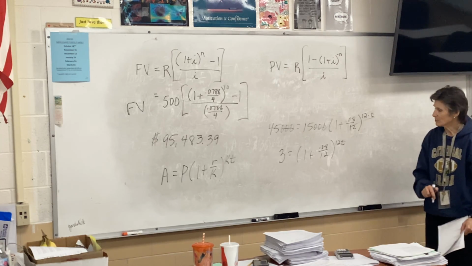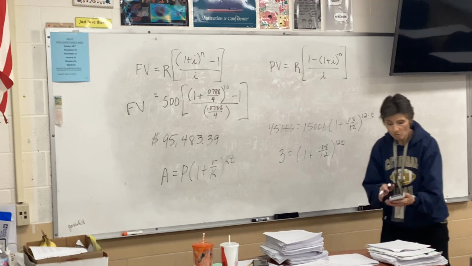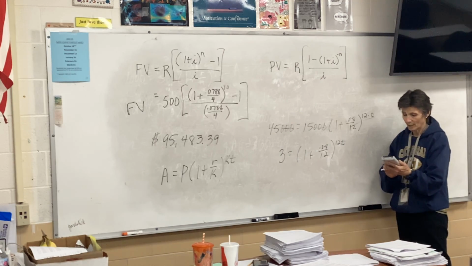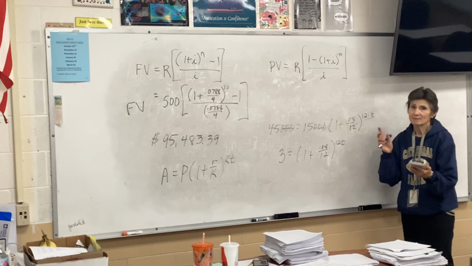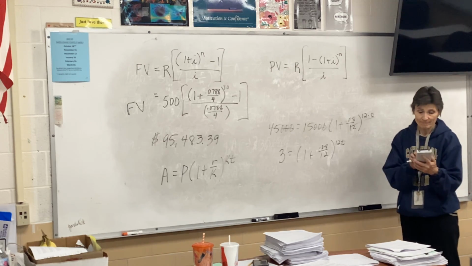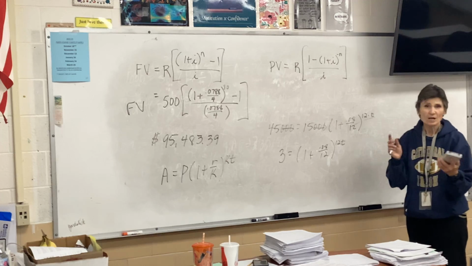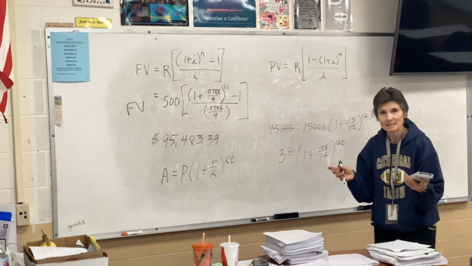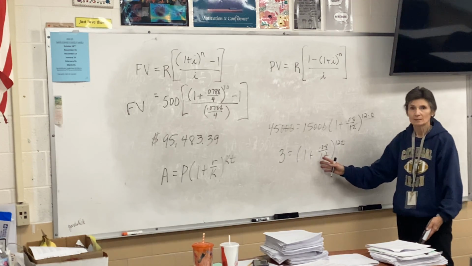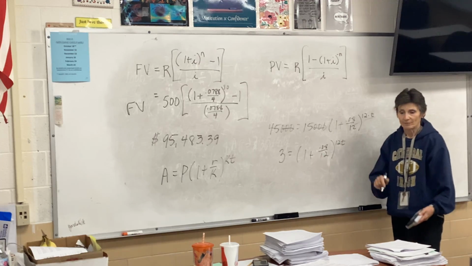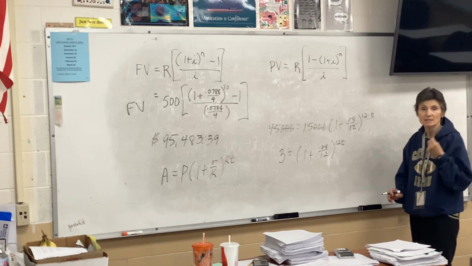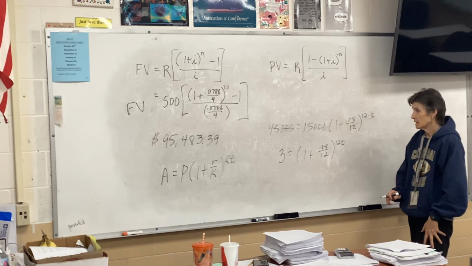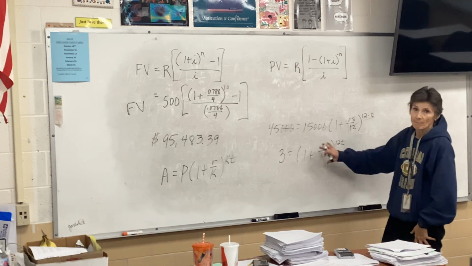Now, I don't like to round off, guys, so I know you might want to do 1 plus 0.08 divided by 12, and we can change it to a fraction if that makes it easier. I just leave it like that. Whatever you do, don't round it off, because we're trying to keep this as accurate as we can.